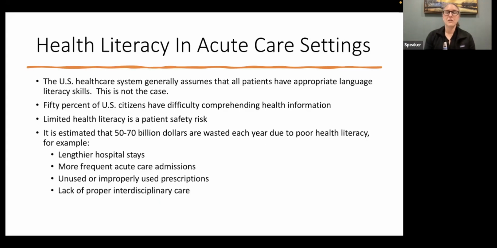All right, so first I just want to give you a little definition of what health literacy is in the acute care setting. Patients that come to the acute care setting generally do so because they've had an emergent need. So they've either had something like a stroke, or they have had a major illness that caused them to be admitted to the hospital. They're deemed not quite ready to go home.